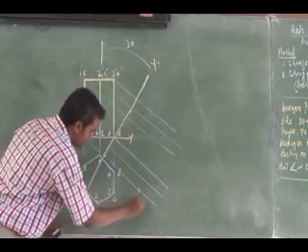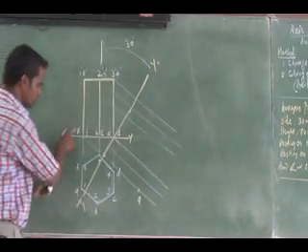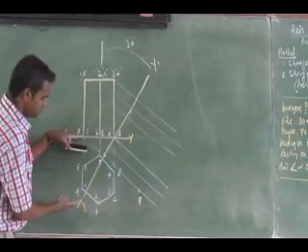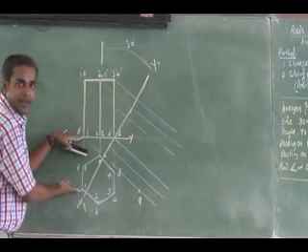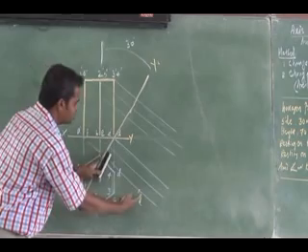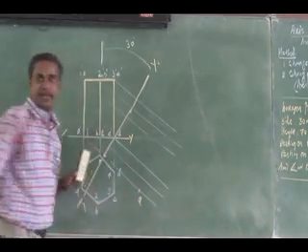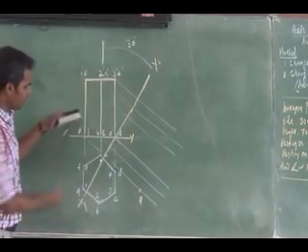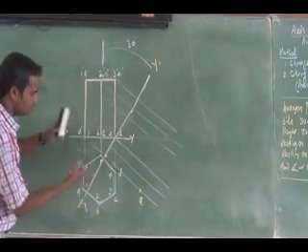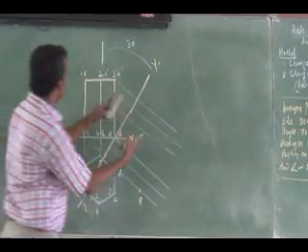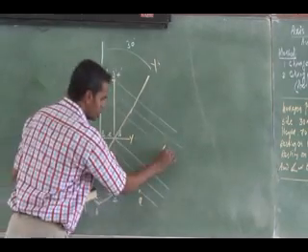So this is going to be my A. Right. So A projector line. What is the distance from the previous reference line to corner A? That you have to measure and transfer from the new reference line along the projector line A. Right. So similarly, all the corners have to be transferred. So A1, the same distance I can transfer from the new reference line. I can transfer it here. This is going to be 1.